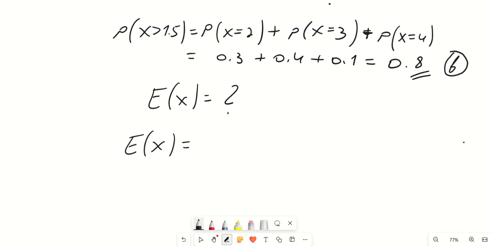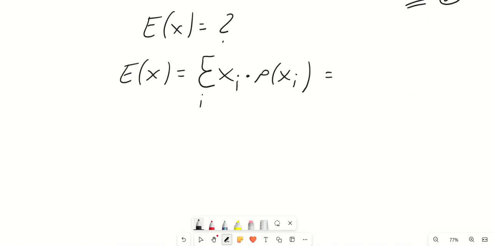We have to take a certain outcome and multiply it by the probability for this outcome. I call a certain outcome xi, and then I want to sum over i. So what do I mean by that?